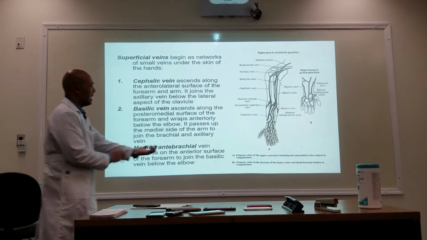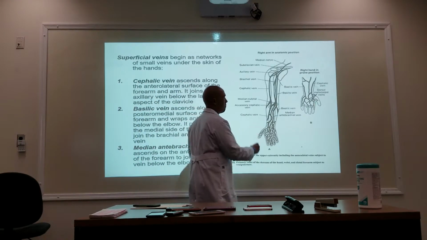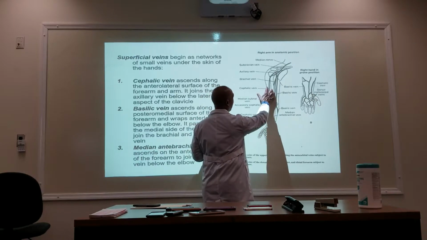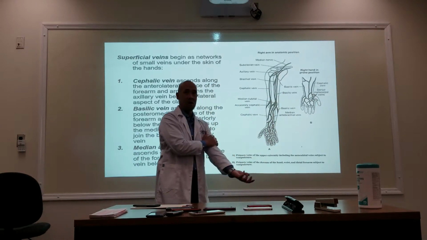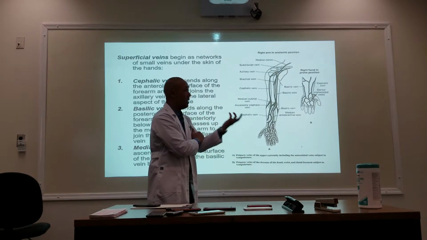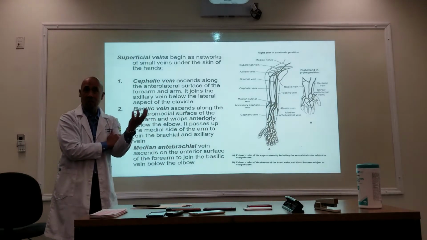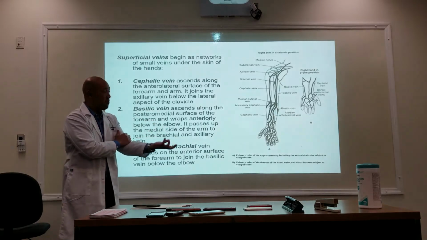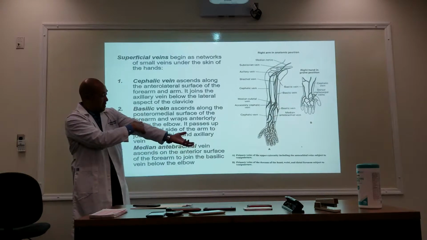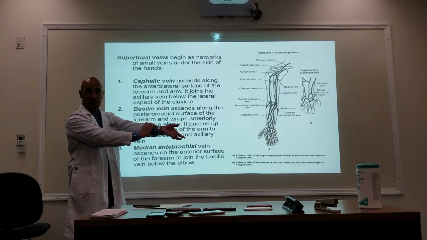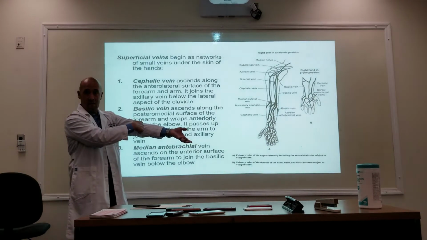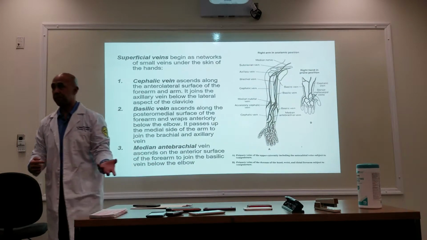Well, yes, you can, but most of the time you can't see the cephalic vein or the basilic vein of the upper arm unless you're really, really muscular or unless you are thin, where the veins are very prominent. But for the most part, you don't see them there. You only see them right here. And a lot of times you don't see them in the forearms either. You see it here, in the crook of your elbow.